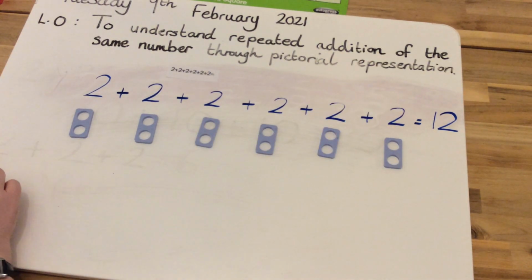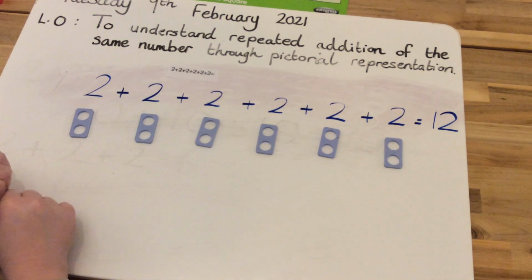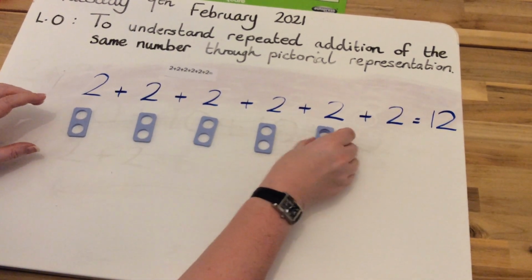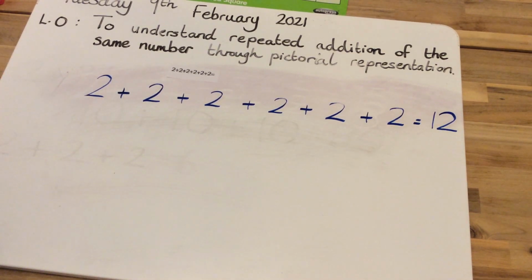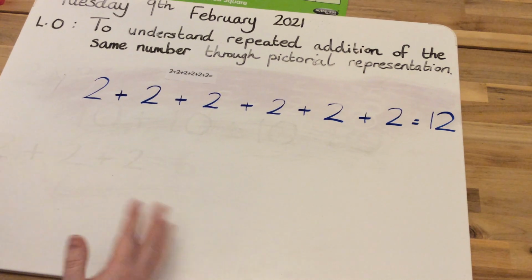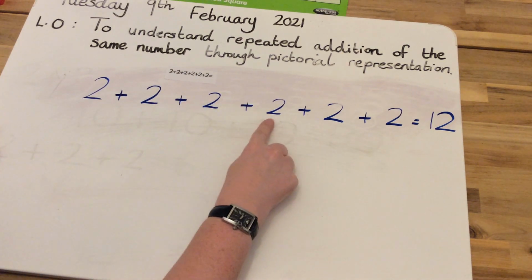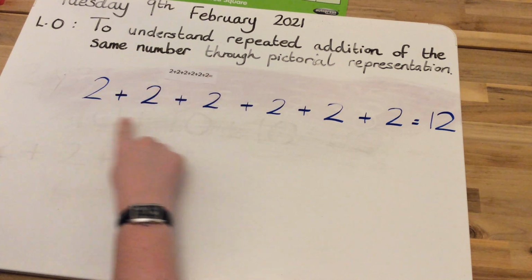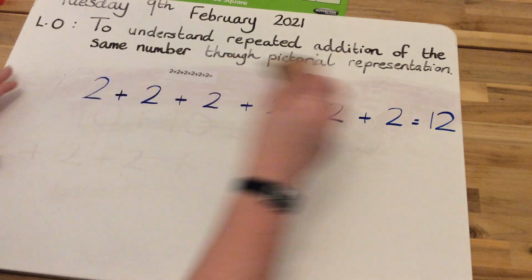Now today we're going to do exactly the same thing, but we're not going to use the apparatus. So I'm going to pack that away. Today we're going to use some jottings, so some pictures, to help us find out the answer to sums like this. Let me wipe this one off the board.